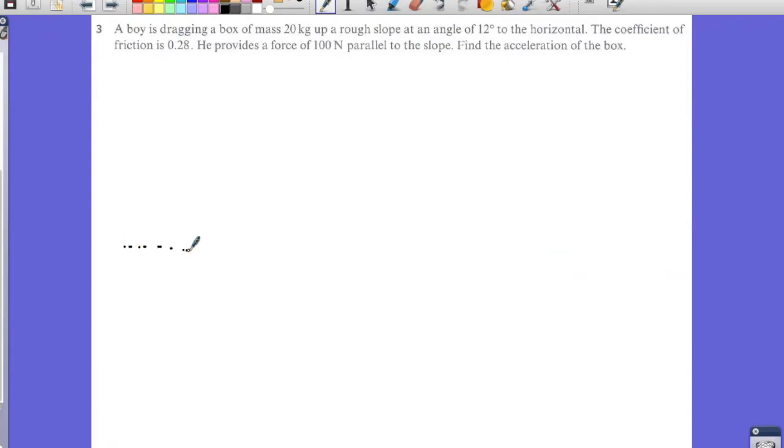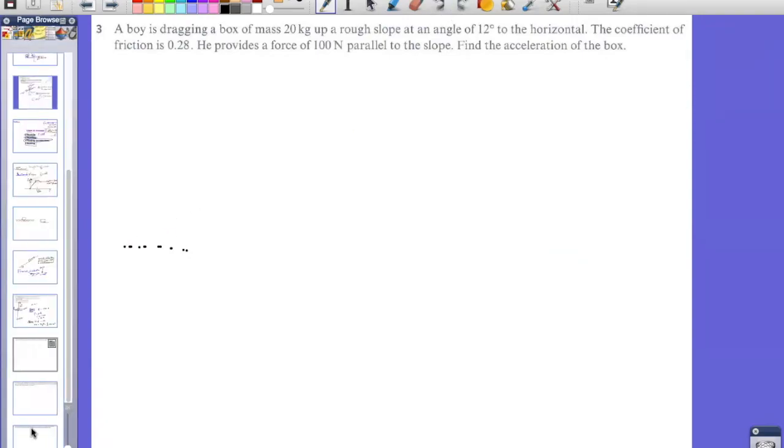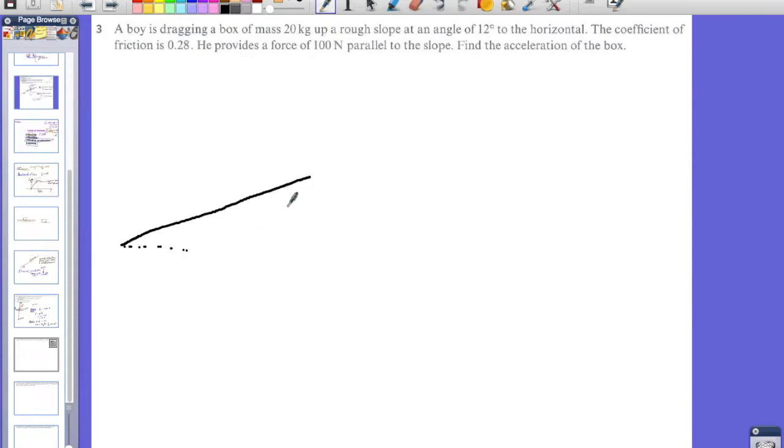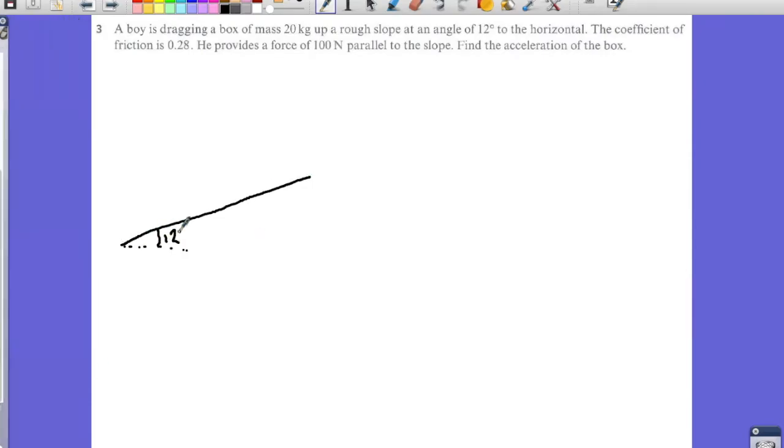So we make a sketch of a diagram. So this is 12 degrees.